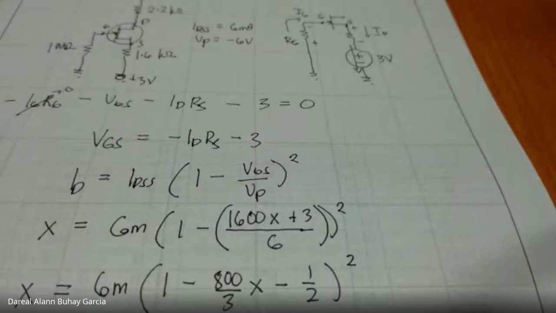VGS is negative ID RS, 1.6K, minus 3. Sakto yun.